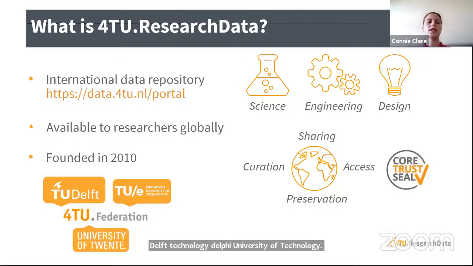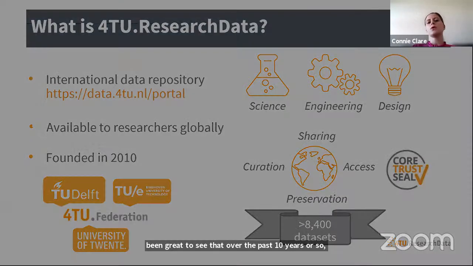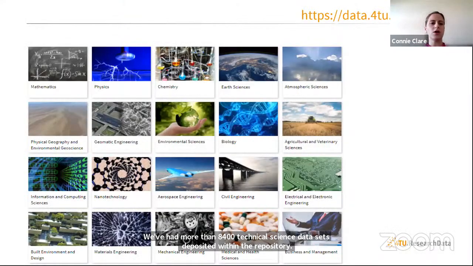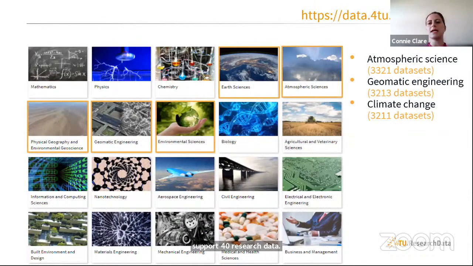And it's been great to see that over the past 10 years or so, we've had more than 8,400 technical science data sets deposited within the repository. And this portal just gives you a bit of a snapshot and an overview of the different disciplines that we support at 4TU Research Data. And the majority, so over 3,000 data sets, actually come from Earth, atmospheric, and environmental sciences.